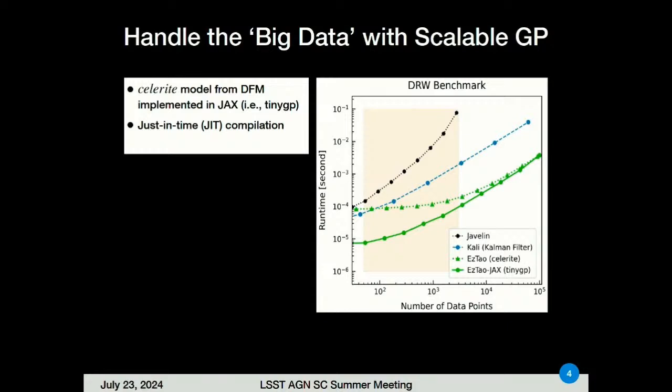As you can see from the comparison, there is a factor of 10 to a factor of 1,000 speedup over Javelin. And the shaded area on the left is approximately the lowest number of data points you're going to get for LSST, and this is what you would get for DDF, right?